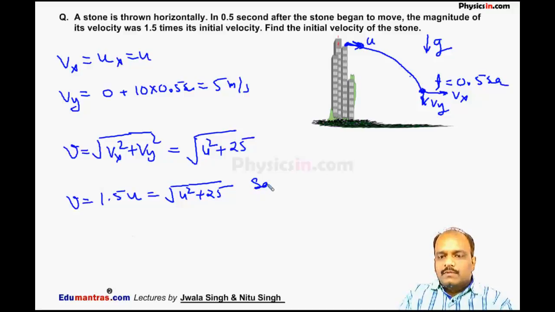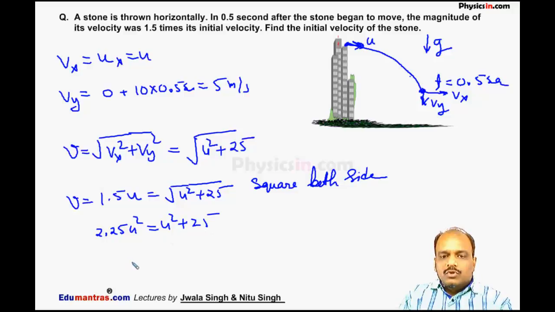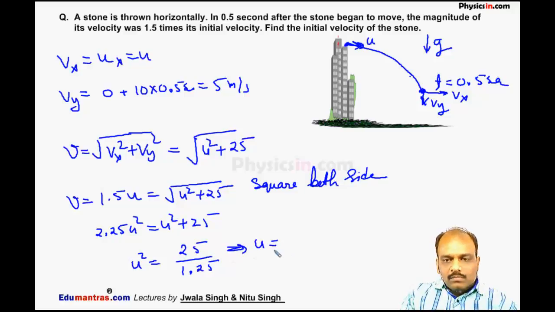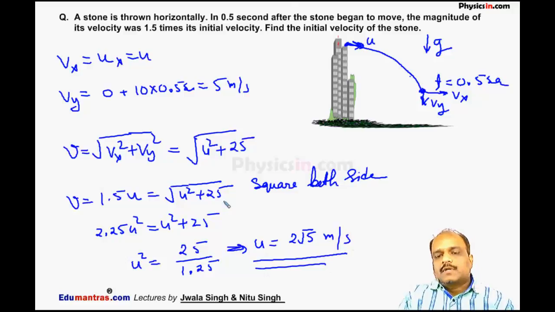If we square both sides, we get 1.5 square u square, that is 2.25 u square, equal to u square plus 25. So u square is equal to 25 divided by 1.25, which implies that u is equal to 2 root 5 meter per second. This is the speed of projection.